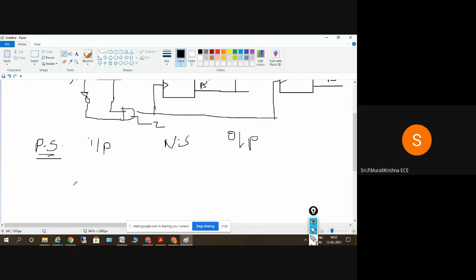When we are using two flip flops, we can get a maximum of 2 power 2 states. So we have 2 power n here. When 2 power n is considered, we can get 4 states, a maximum of 4 states. So I'll assume the states as S0, S1, S2, and S3.